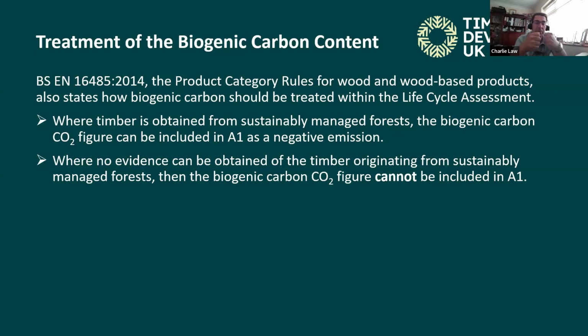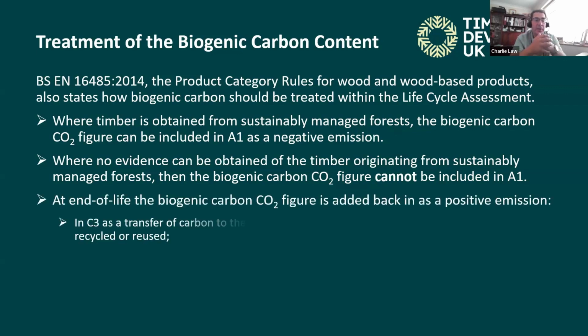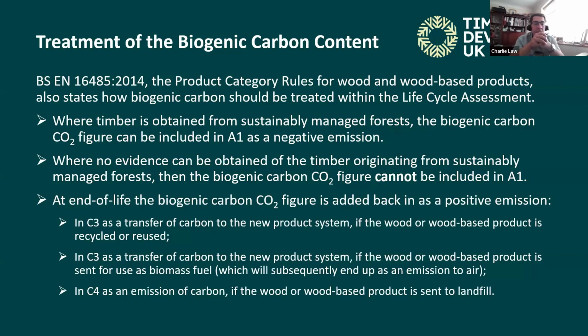So this is why it's very important that you've got your due diligence in place to be able to say that your timber comes from a sustainably managed forest. The easiest way to do that is through certification, but if you haven't got certification for your product, there are other ways around it. At end of life, the biogenic CO2 figure is then added back in as a positive emission.